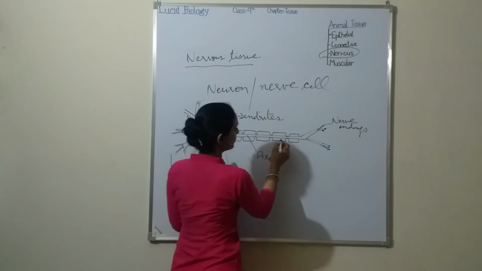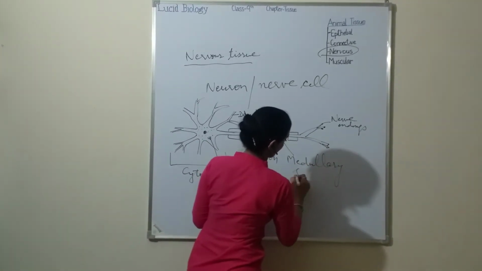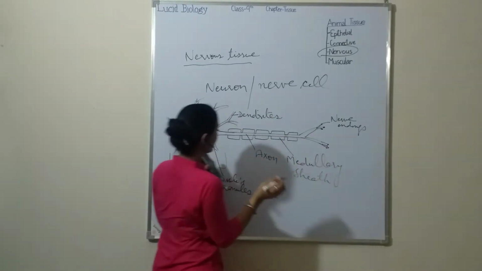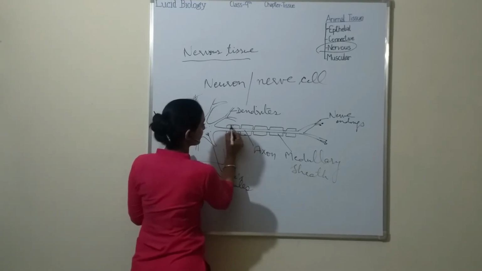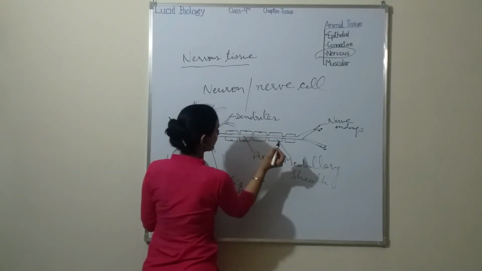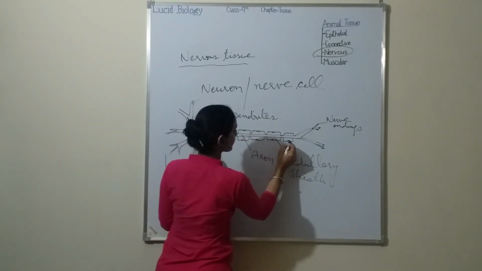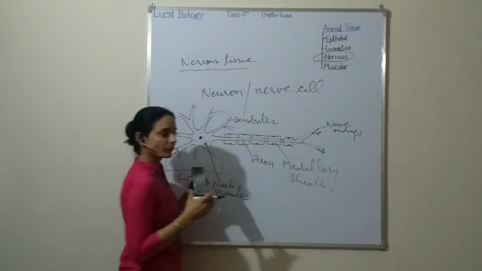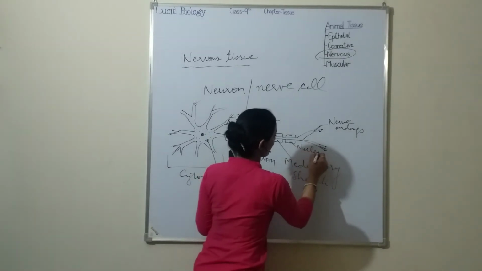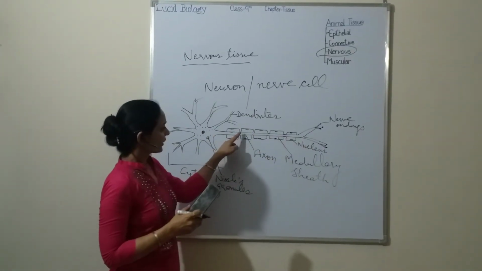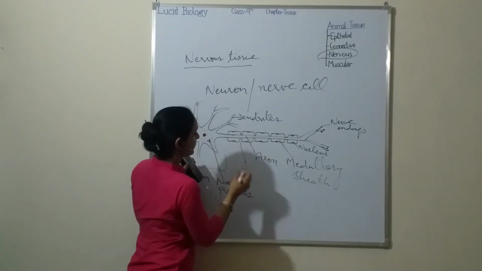This layer is called the medullary sheath, and it has a peripheral nucleus. At the ends you find the nucleus. So this is the nucleus, and here you find this connection or bent-in part that is called the node of Ranvier.